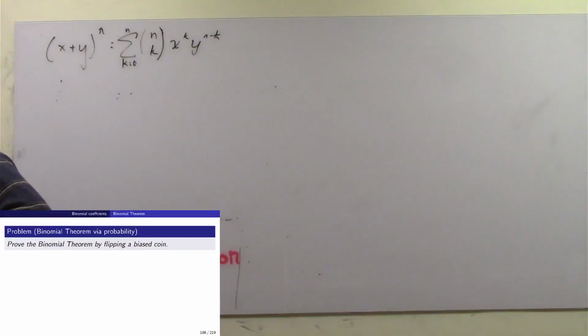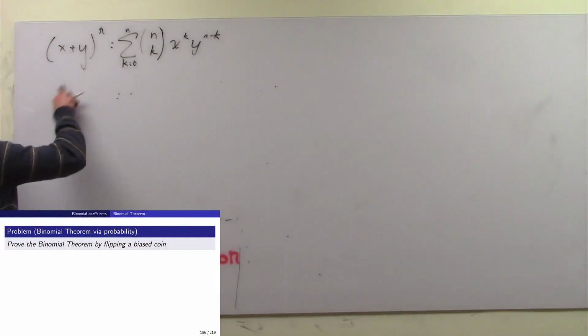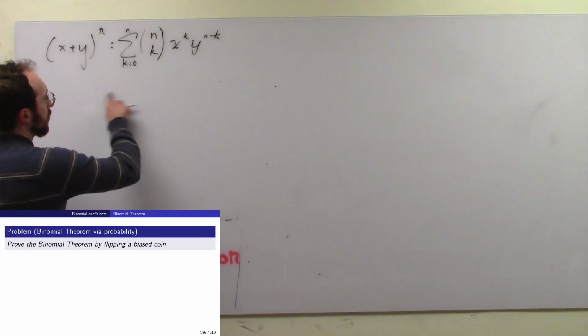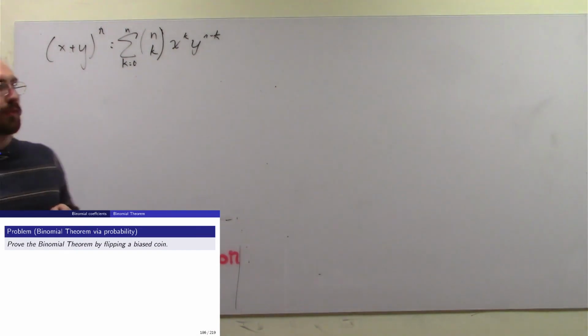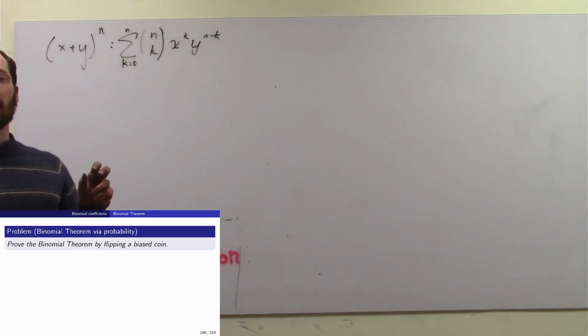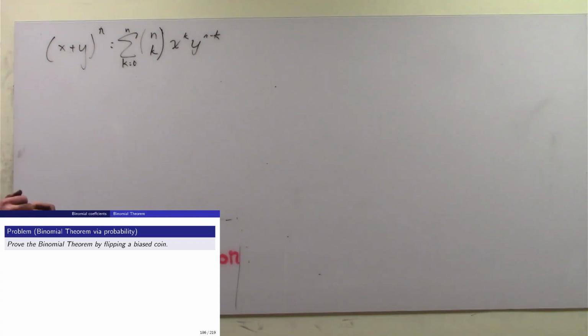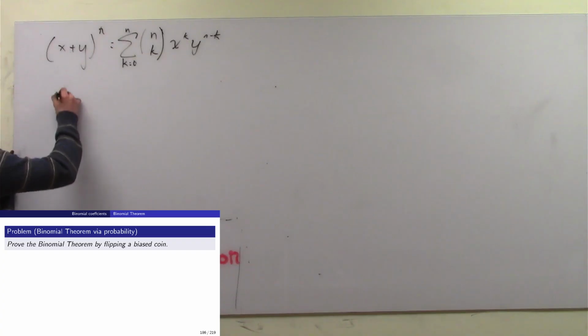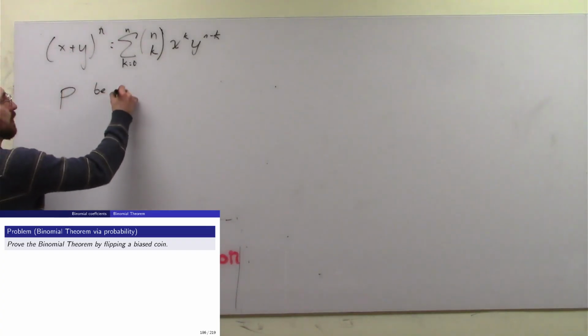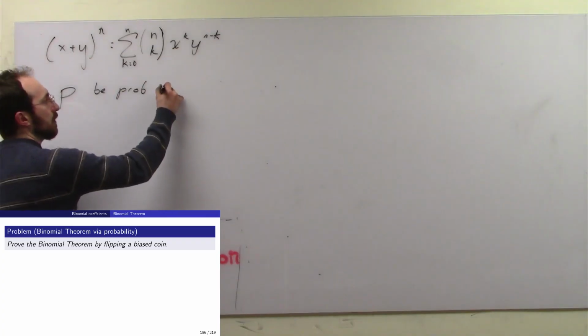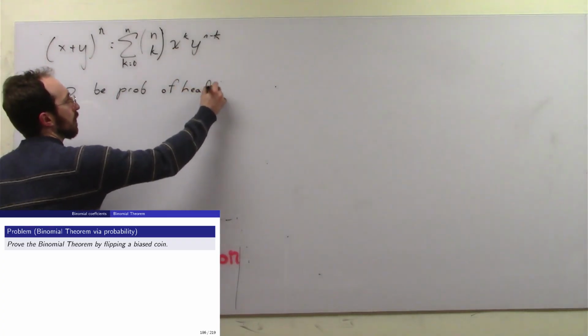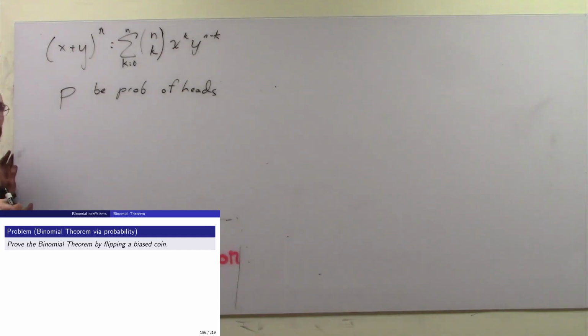So let's make myself bigger. We're going to work with a biased coin. What does that mean? Well, if I'm working with a regular coin, that's 50-50 odds. Half of the time I'm going to get heads, half the time I'm going to get tails. We're going to let P be the probability of heads. And with probabilities, we only ever allow probabilities to go between 0 and 1.